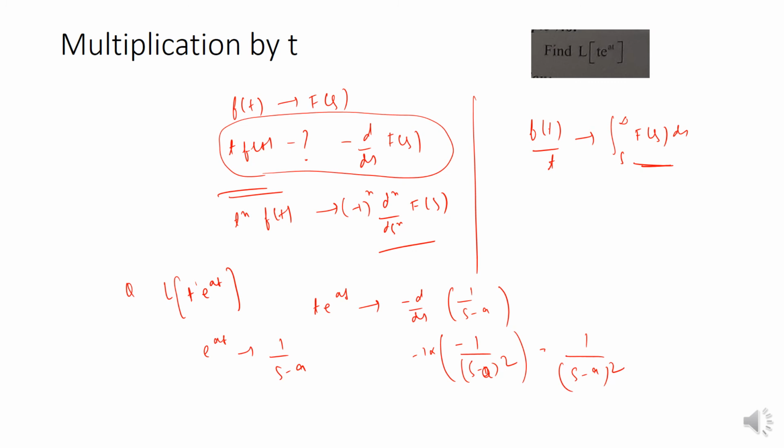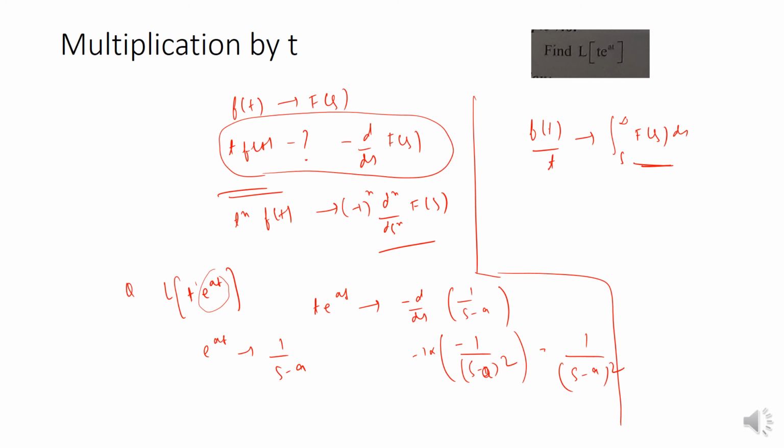Now here we have only seen t into f of t. In the next slide we will see f of t by t. These are two different things, t into f of t and f of t by t. I hope you are able to understand all these things. You have a function f of t, and to this f of t you are trying to do different things.